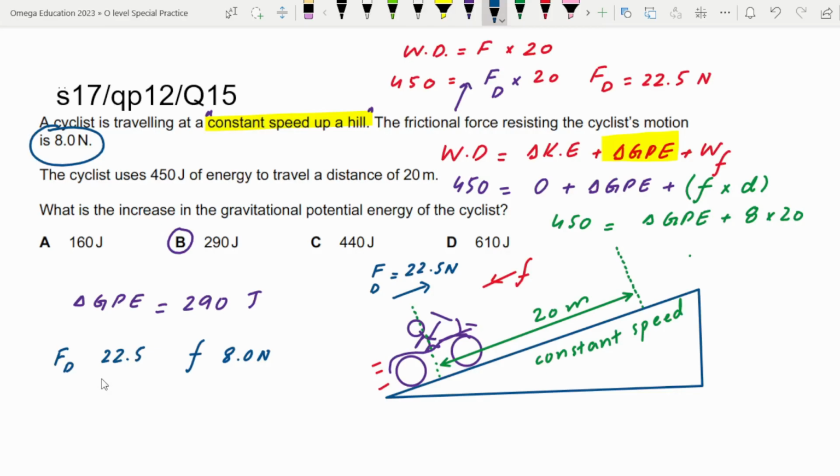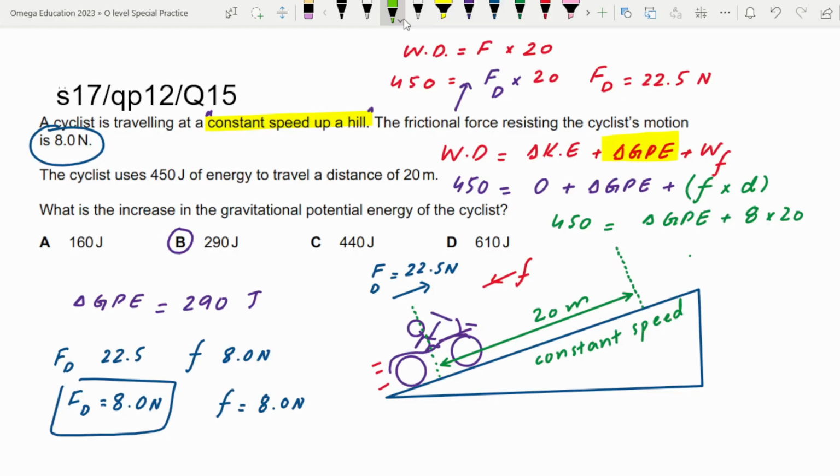Would he move upward if the driving force would have been equal to the frictional force? Don't you see, in that case, if the two forces are equal and opposite, then there is no resultant force and we can move with a constant velocity or constant speed in a straight line. But the cyclist has to apply a force greater than the frictional force, meaning he needs to apply force to compensate for another thing as well. Can you tell me what is that other thing that the cyclist needs to compensate for? mg sine theta.